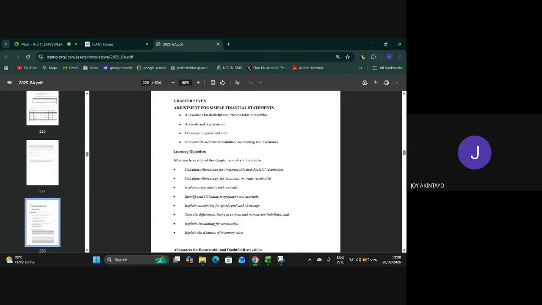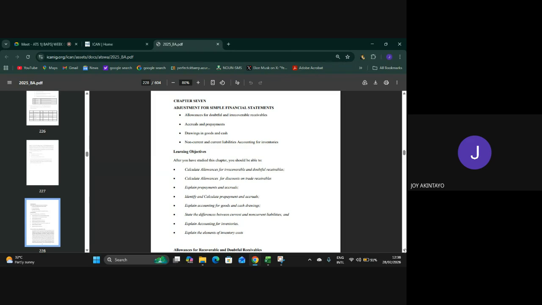Now we want to look at the adjustments for simple financial statements. What are those things we need to adjust when we want to prepare our financial statements? Before then we'll talk about the components of our financial statement.